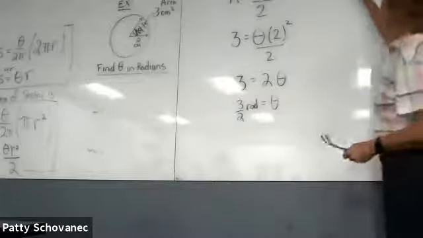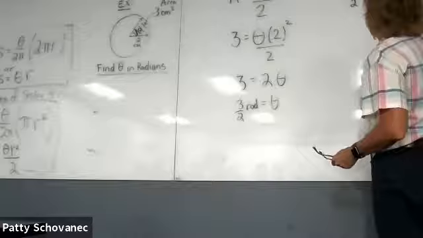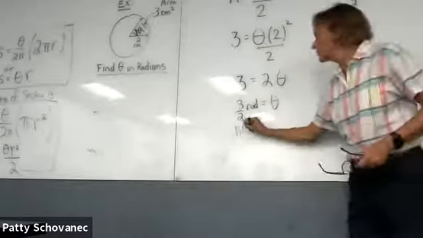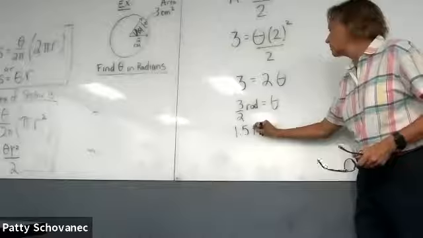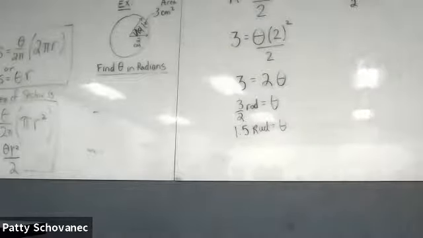So pi halves simplifies to roughly 1.57 radians. This is almost a 90-degree angle, not quite, right? Just short of being a 90-degree angle. So even though there's not a pi on it, we can still measure length around the circle. Pi is a multiplier, so I can approximate it.